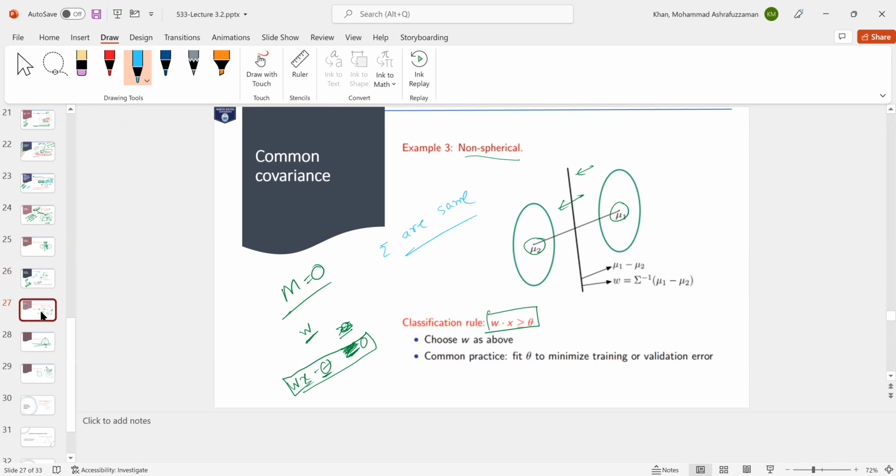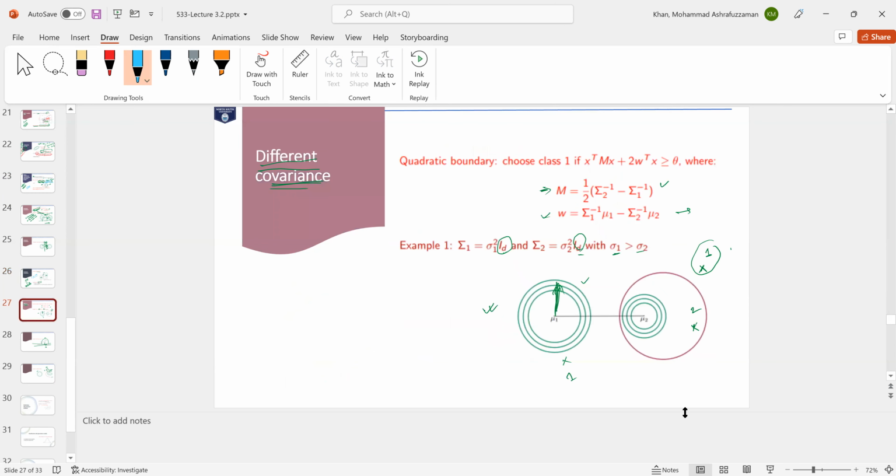Now, if they are not the same, then we'll have a quadratic decision boundary, because then we'll have some values for M, and the decision boundary will have some quadratic terms. There will be terms like maybe x1 squared, x1 x2, maybe x3 x5, some terms like this, and for those terms, we'll have a quadratic boundary.